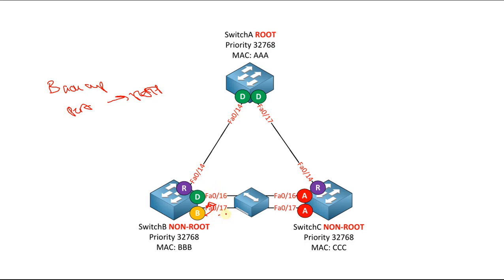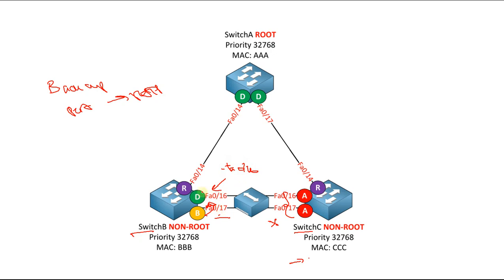0/16 and 0/17 in switch B, connected to switch C, which has a higher MAC address than switch B, then automatically all ports in switch C facing switch B become alternate or blocking, and one of the switch B ports, FA0/17, becomes the backup port, because the designated port is already on interface FA0/16.